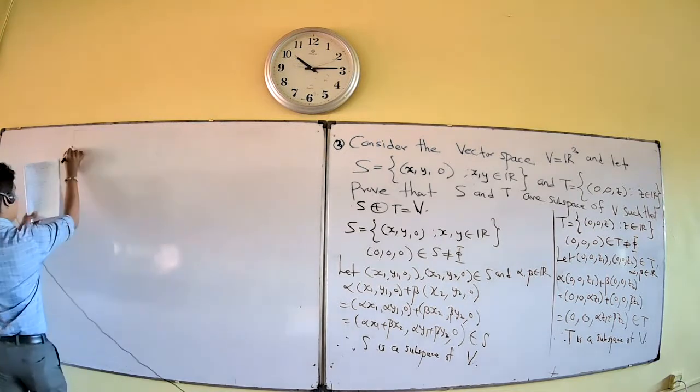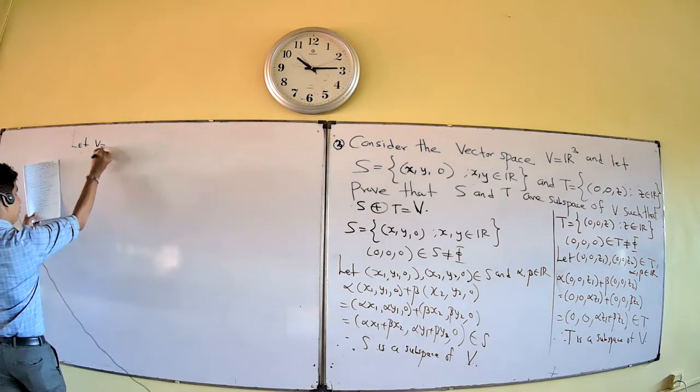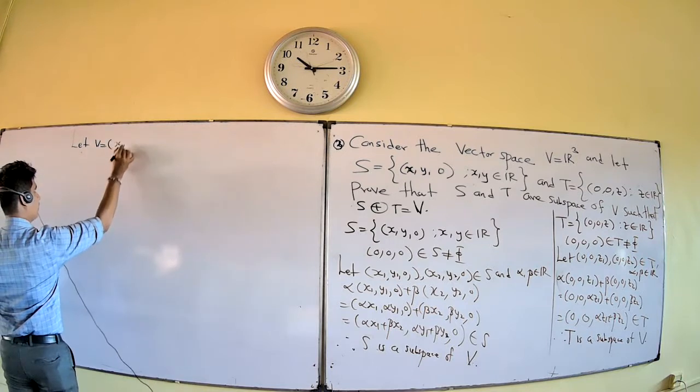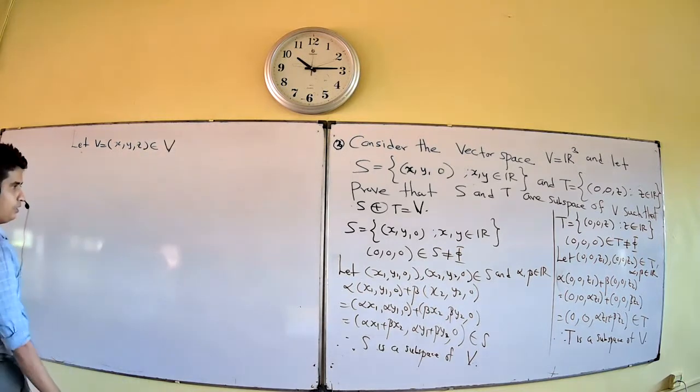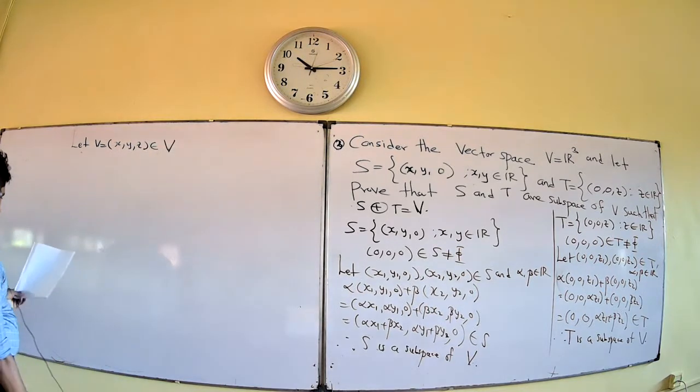Now you take, let (x, y, z) be in B. Okay.